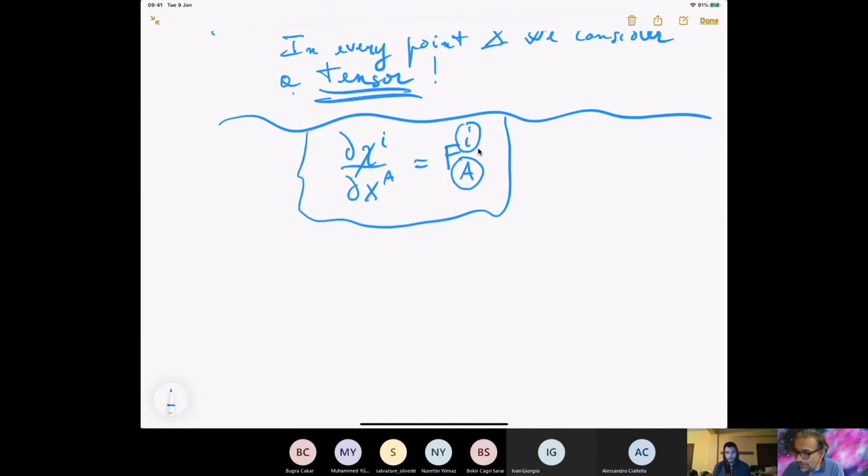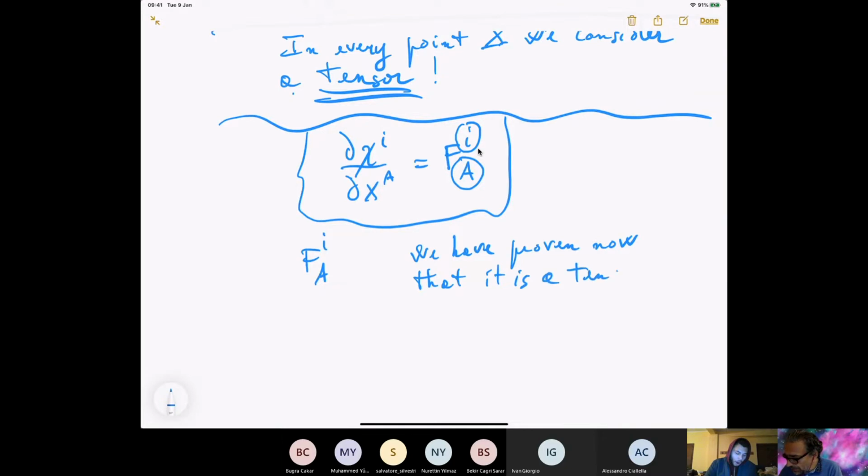So now let's go back to our F. It is a tensor. We have proven now that it is a tensor.